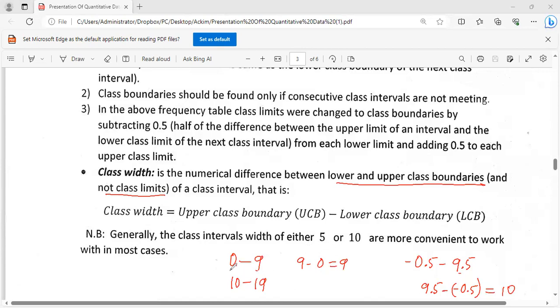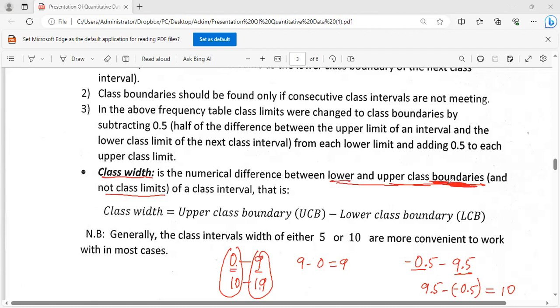But if you use the limits to find it, you can get 19 minus 9, you get 10. Or you can get 10 minus 0. That is if you want to use the limits to find the class interval. But to just go direct at 9 minus 0, you can only do that if you have the class boundaries. The explanation is to say the class width is the numerical difference between the lower and the upper class boundaries.